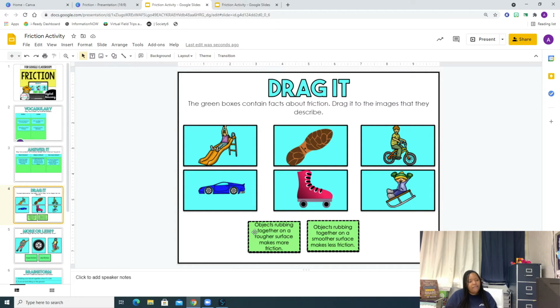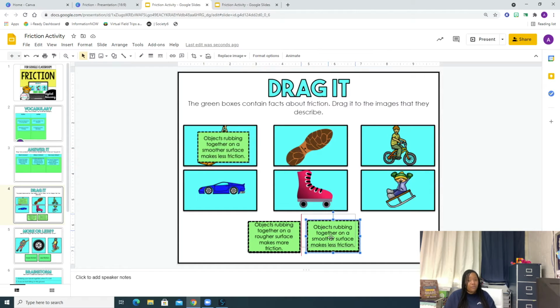Then we have objects rubbing together on a smoother surface making less friction. So I know that less friction means more movement. So a smooth surface. Typically slides, hopefully if it's comfortable, is a smooth surface. So we're going to put that there. Then we have skates.